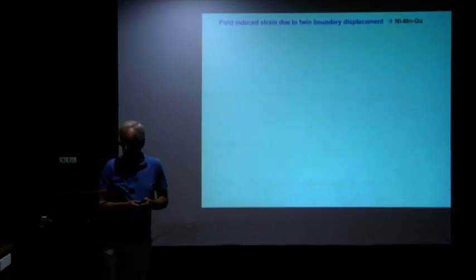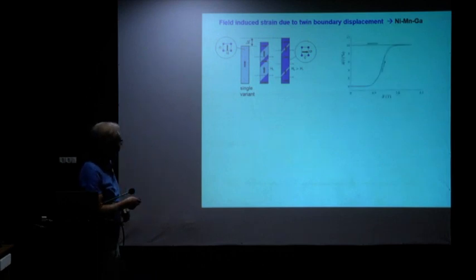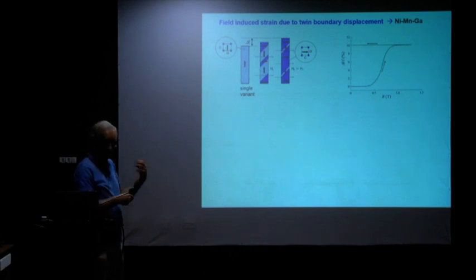So, as you may recall, what did we have for nickel manganese gallium for the shape memory system? We had a single variant where we applied a magnetic field and we grew other variants at the expense of the older variant. And we had a change in length of the sample within the Martensite state.